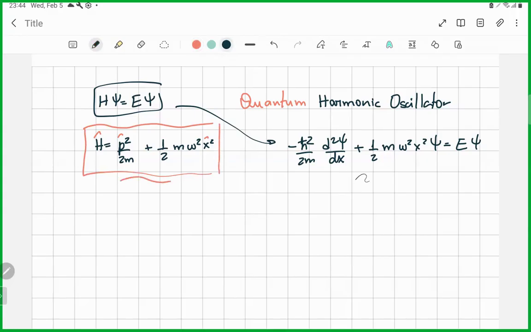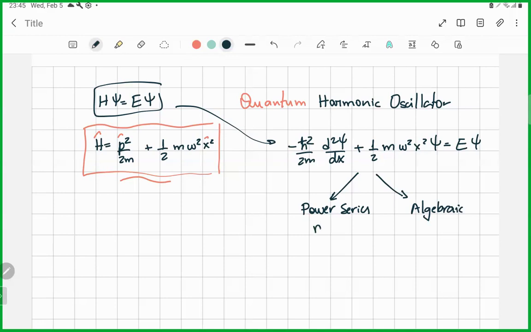There are two ways to solve this equation. One method is known as the power series method, and the other one is the algebraic method, very elegant.